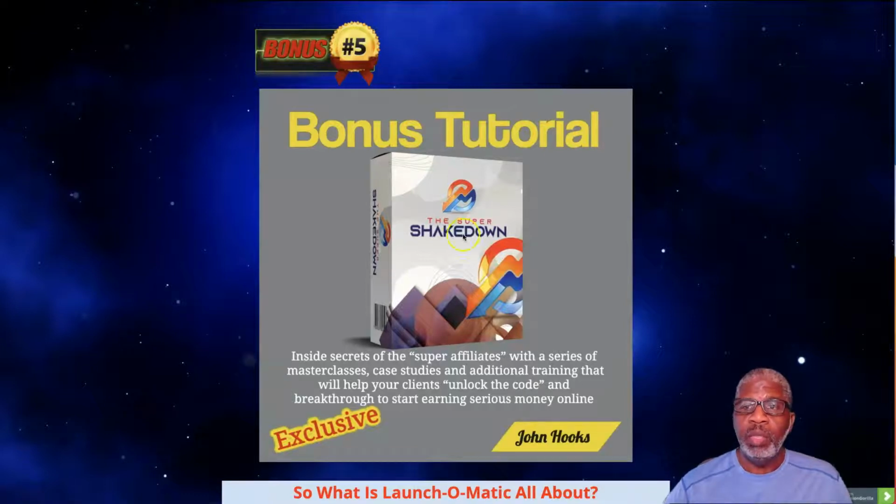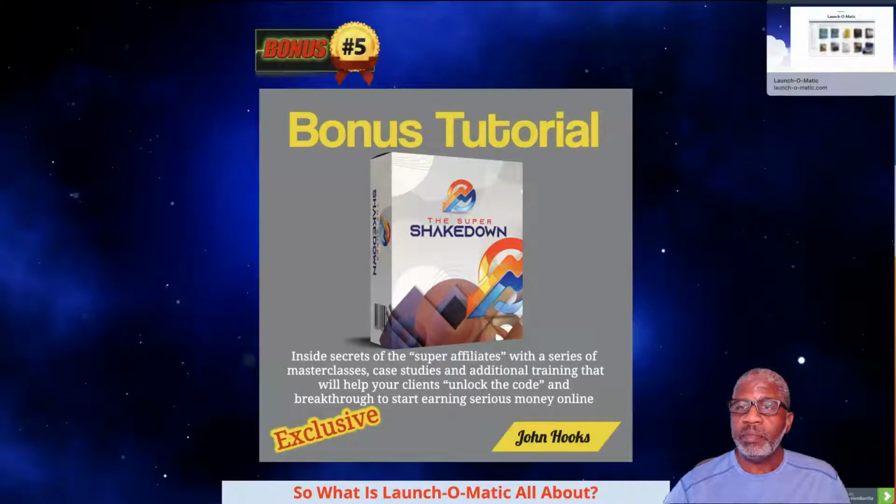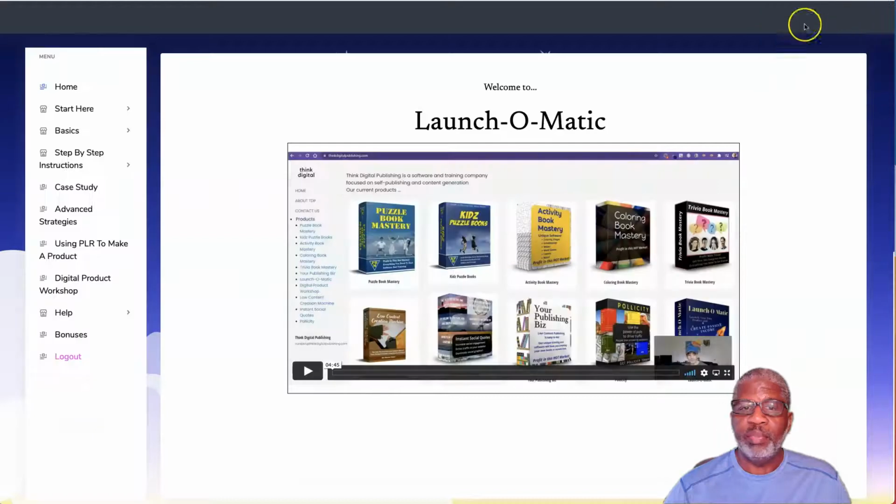Okay, so let's take a look at the product here. So when you pick up Launch-O-Matic, this is what it will look like. We're on the home tab here, and you'll have a welcome video that's a little less than 5 minutes long.